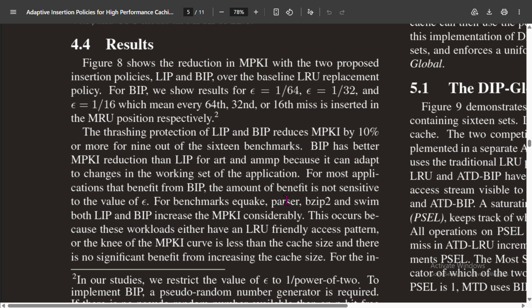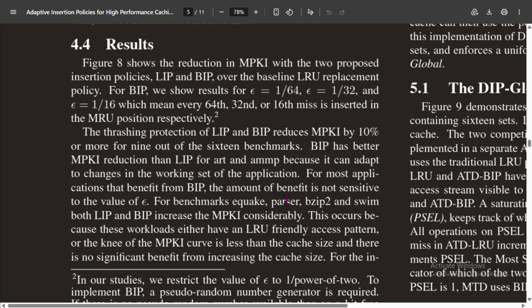Likewise after 32, after 16, it is going to put one element at the MRU. Otherwise, it will always place the element at the LRU position. Which means every 64th, 32nd, or 16th miss is inserted in the MRU position respectively.